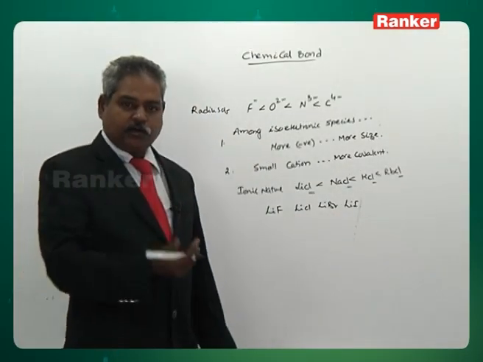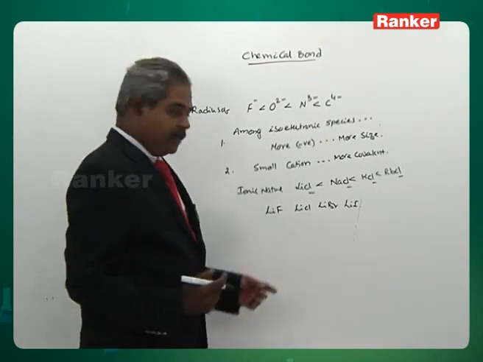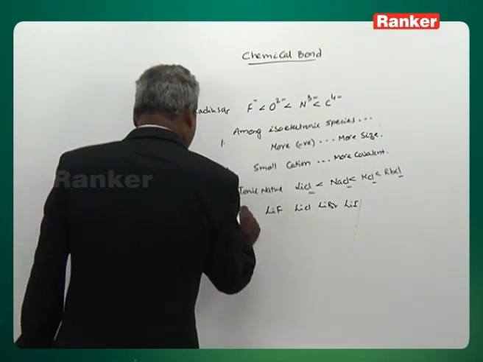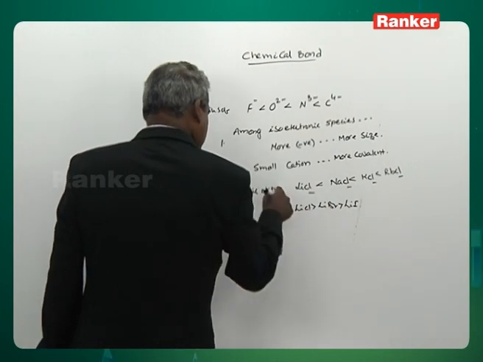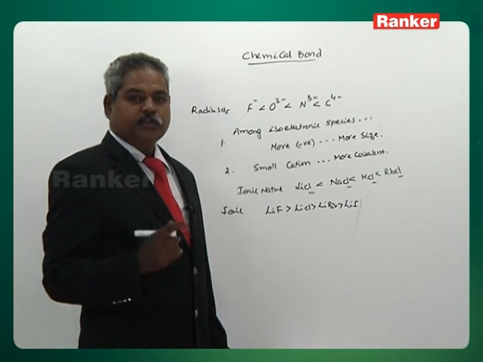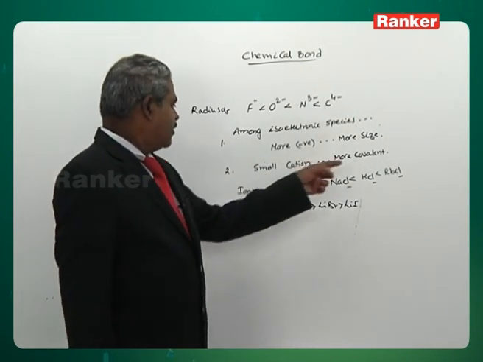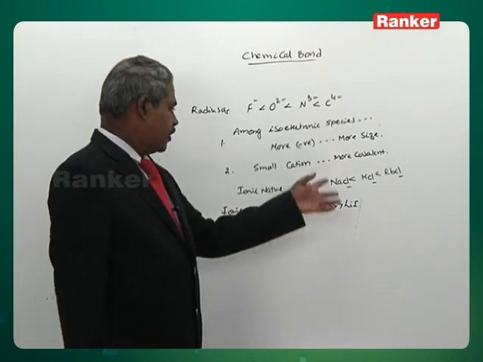Lithium, being small, also wants to take the electrons back, but F minus doesn't give them easily. Therefore, fluorides are more ionic than chlorides, because small cation, more covalent; small anion, more ionic. Therefore, F minus is more ionic.